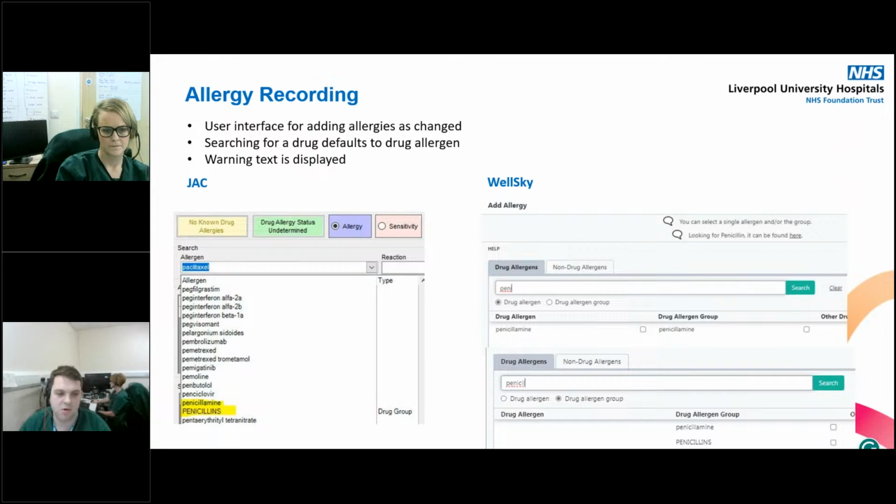You would think that most users would recognize penicillins as the allergy that they want to add. Whereas on the right, the system defaults to searching via a drug allergen. So if you search penicillin, or up to 8 characters actually, it would bring up penicillamine instead of penicillins. And to actually find the penicillin drug class, you have to click drug allergen group, which is the bottom screenshot on the right. So you can see where this issue has cropped up for us. Next slide, please.